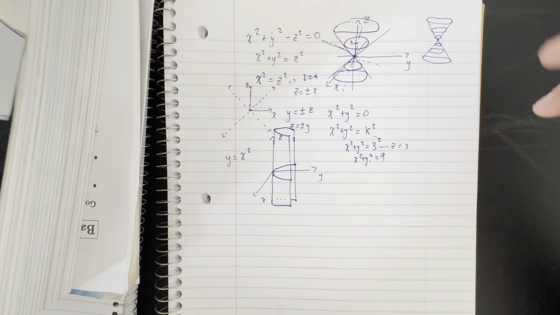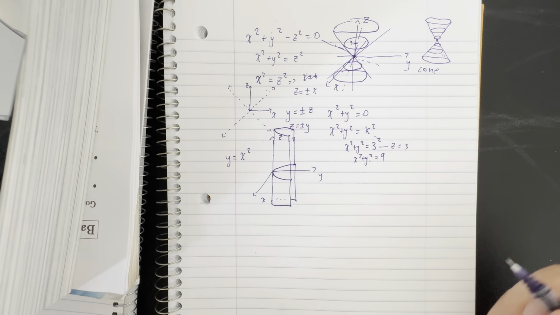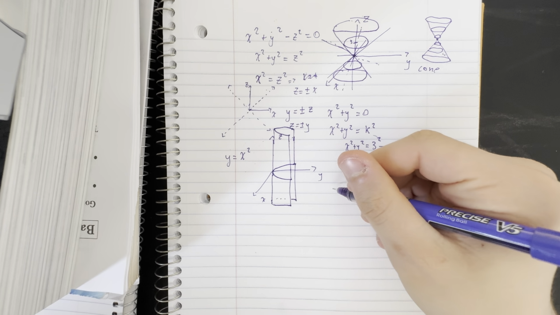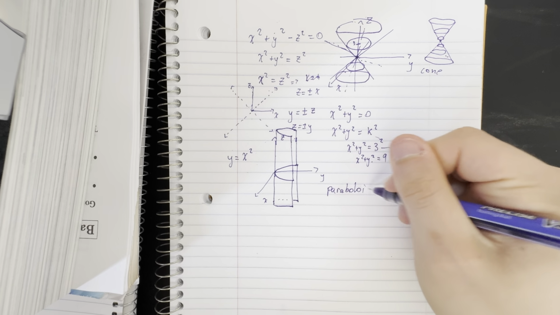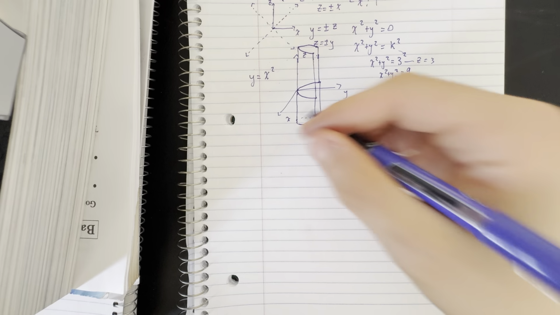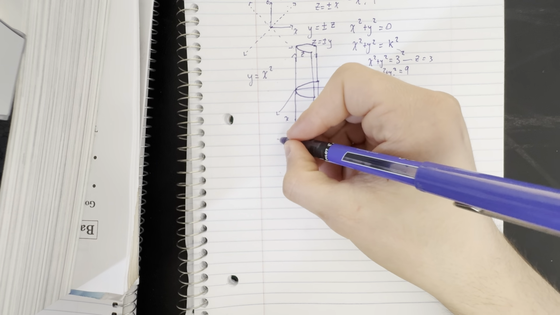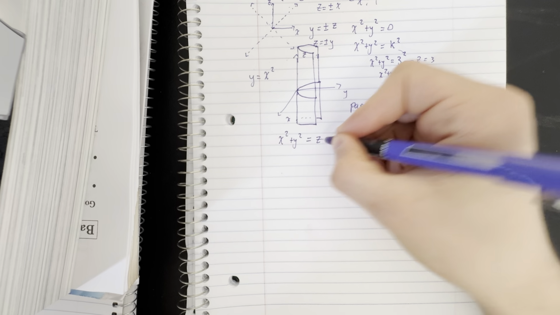But what if we wanted a 3D parabola? Oh yeah, this guy up here is just called a cone, by the way. A 3D parabola is going to be called a paraboloid. And he takes the equation of x squared plus y squared equals z.